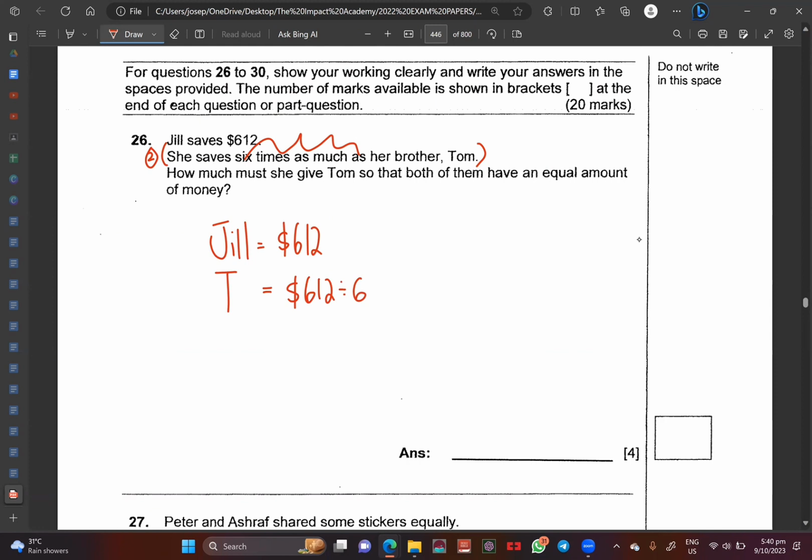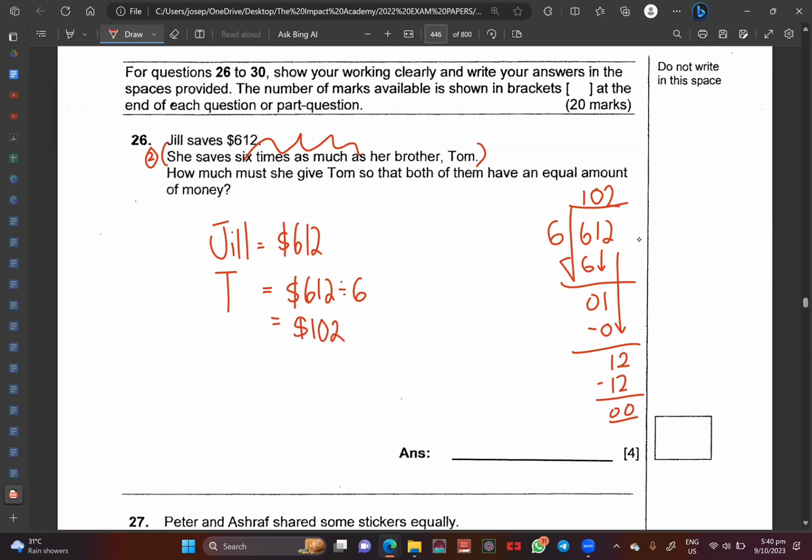Am I making sense here? Yeah. Okay. So that is 612 divided by 6. 6 minus 6 is 0. Bring down 1, you add a 0 over here. You bring down 2, you have 2 over here. 12 minus 12. So this Tom is $102. Do you agree or disagree?